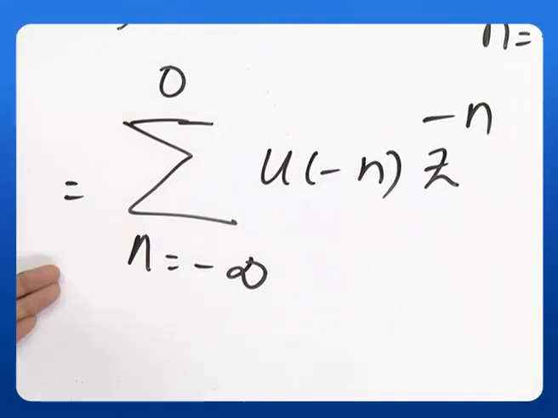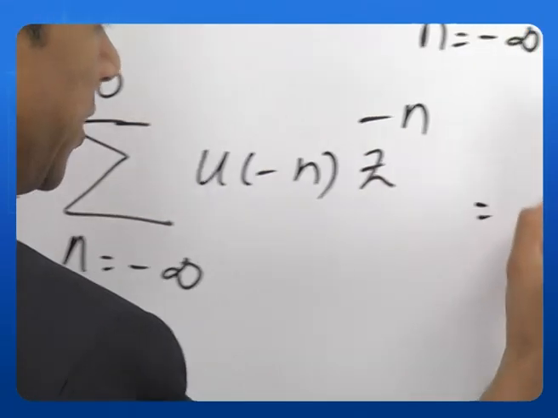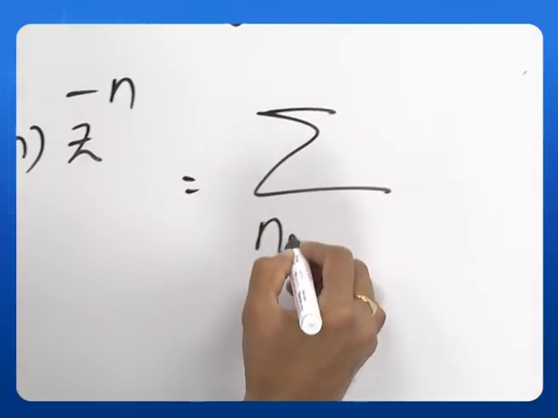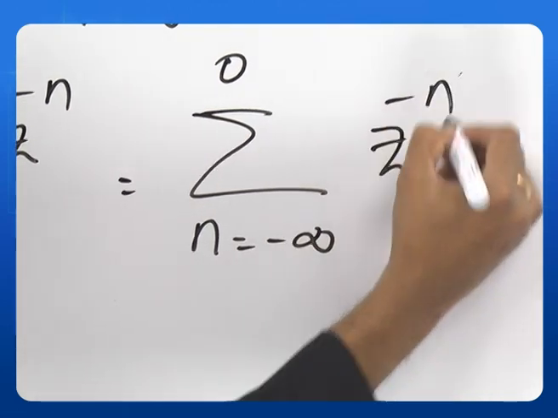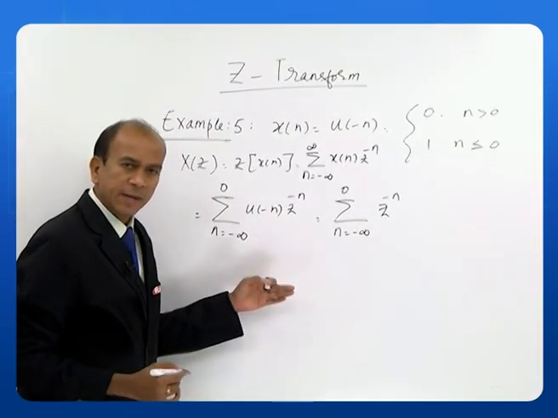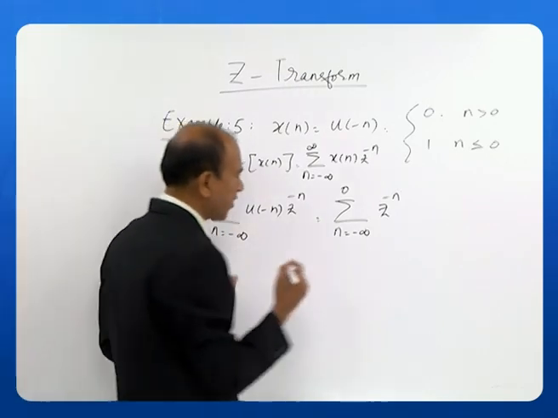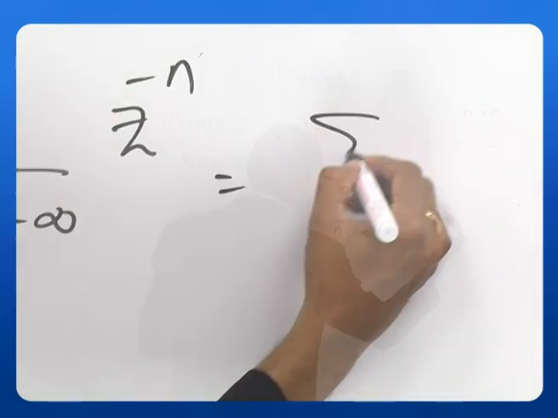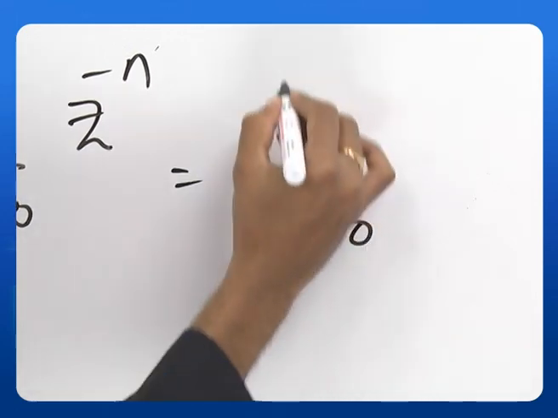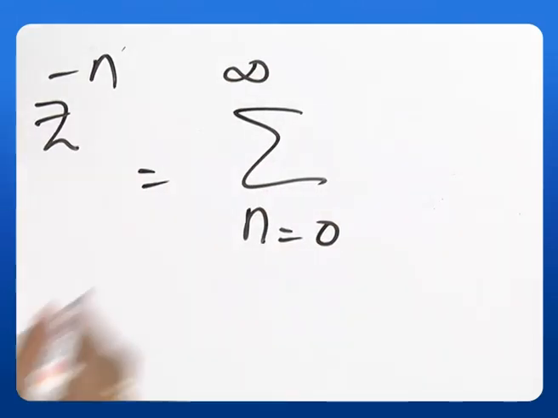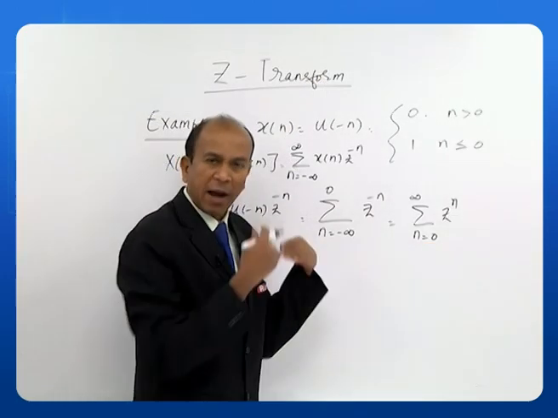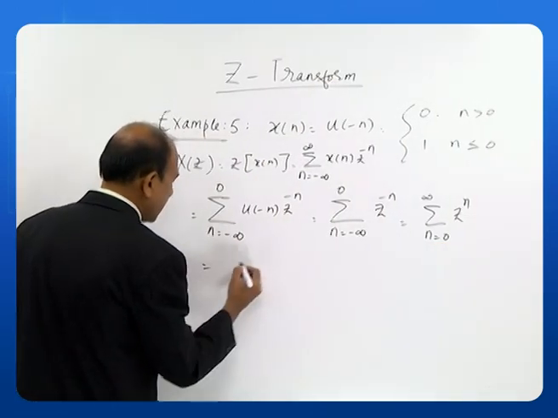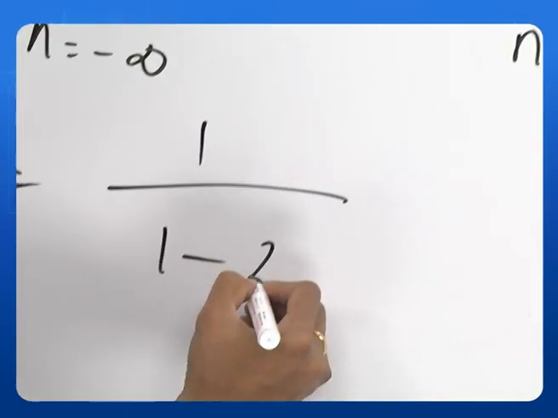So, this will be equal to summation n is equal to minus infinity to 0 z to the power of minus n. Okay. So, now I will change the summation limits. If I change summation limits, what happens? This will become 0 to infinity and this will become equal to z to the power of n. So, expanding this power series, I will get this is equal to 1 by 1 minus z.